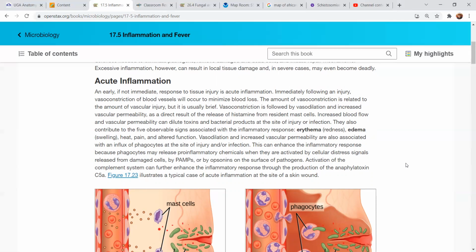The increased blood flow also helps to dilute the toxins and bacterial products that are there at the site of infection. And we see 5 observable signs associated with inflammation: erythema or redness, edema or swelling, heat, pain, and altered function.